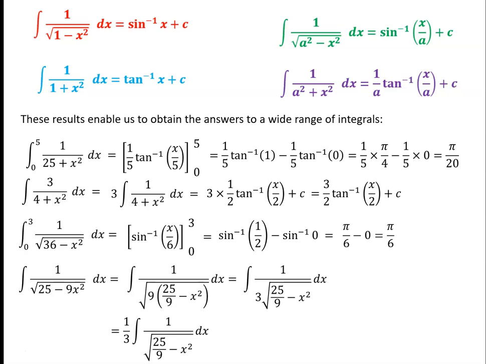So I can say the integral is going to be 1/3 sine to the minus 1 of x upon a, that is x upon 5 upon 3. And that simplifies a little bit to give me 1/3 sine to the minus 1 of 3x over 5 plus the constant.